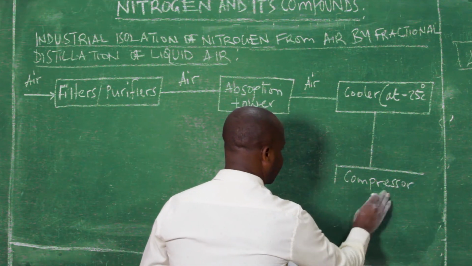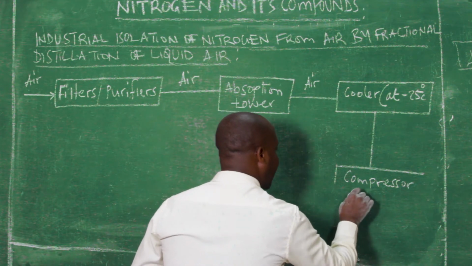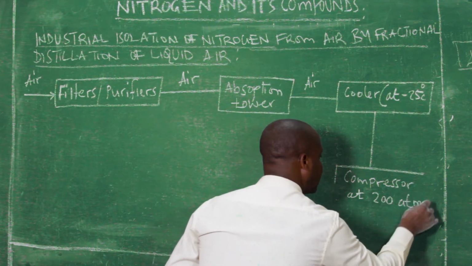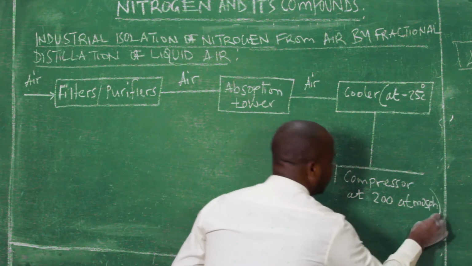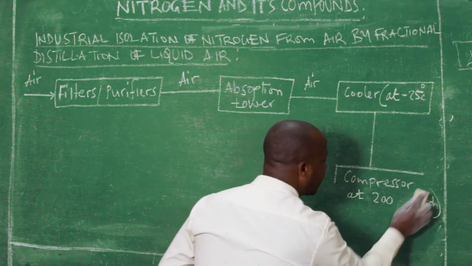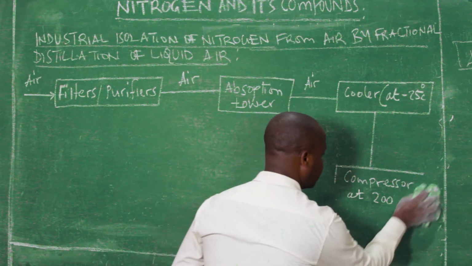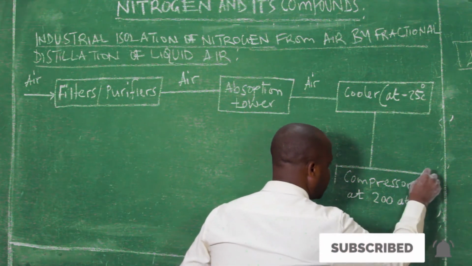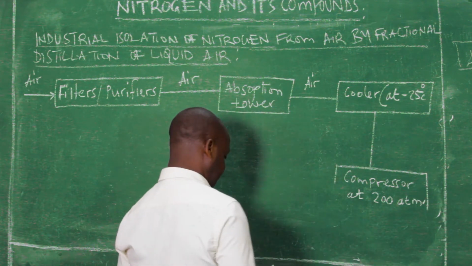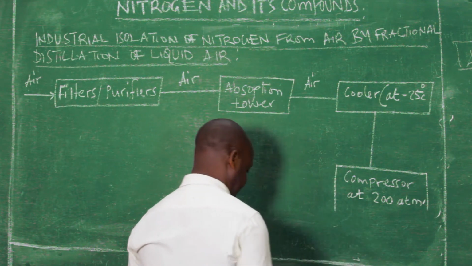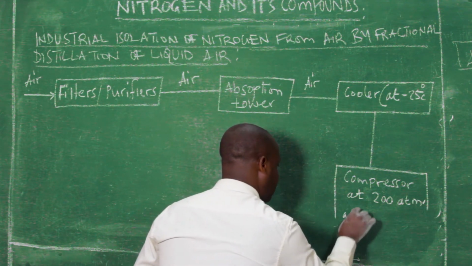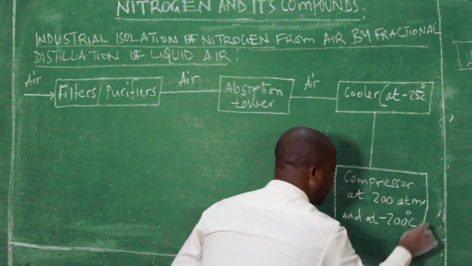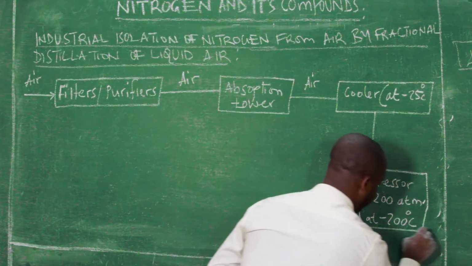When air is led into the compressor, this happens at 200 atmospheres, in other words at an atmospheric pressure of 200 atmospheres, and it is compressed at -200 degrees Celsius, the temperature of compression of air.